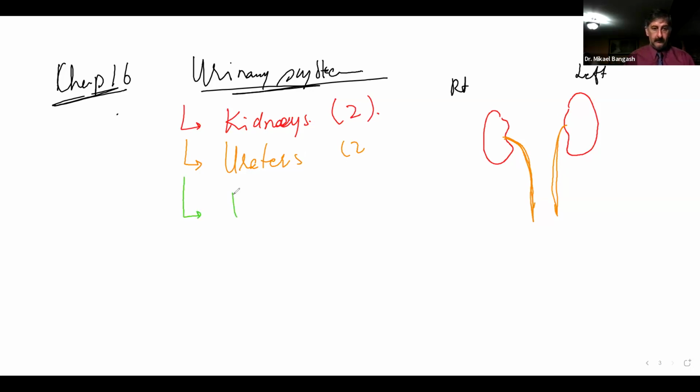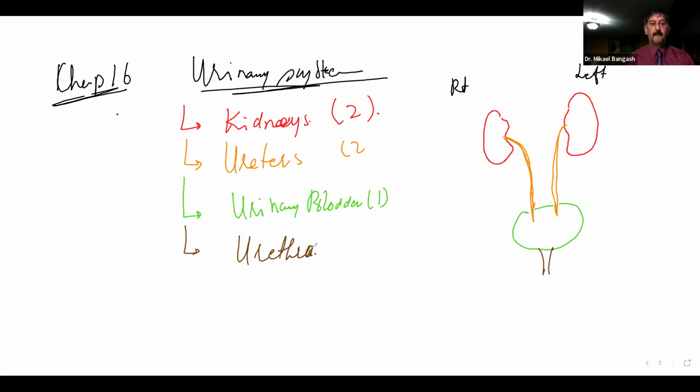Next thing will be a urinary bladder. And there's only going to be one. And from that is going to be the last passage, which is the urethra.